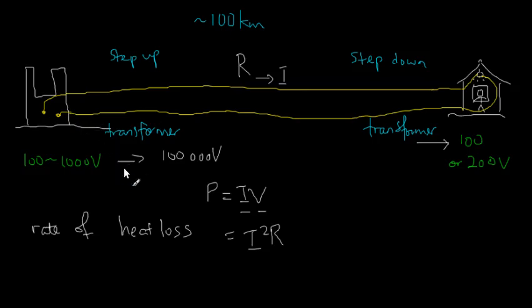So in order to carry out this calculation, we need some numbers. We need to know the resistance. We need to calculate the current. So we need some values for the various things, like the power from the station, the resistance, and so on.